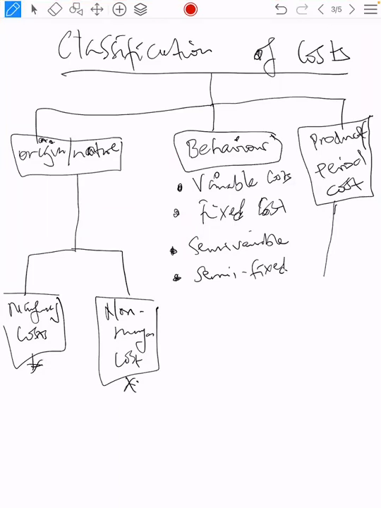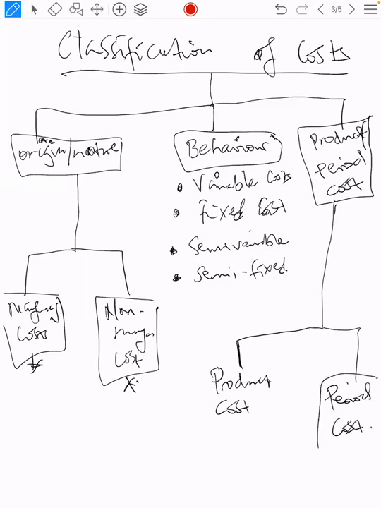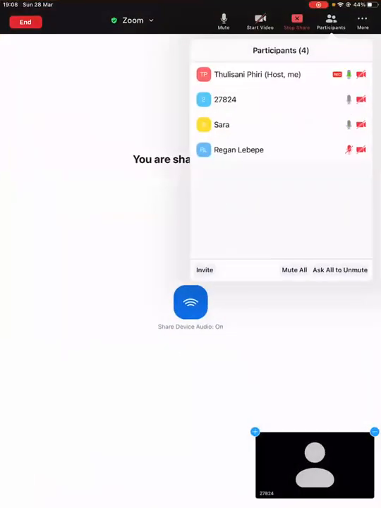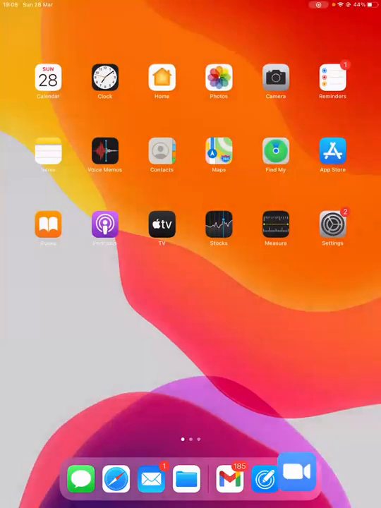Now, the last classification of cost: cost can also be classified into product cost or period cost. What do we mean by product cost or period cost? A product cost, good people, by now we must be knowing them.